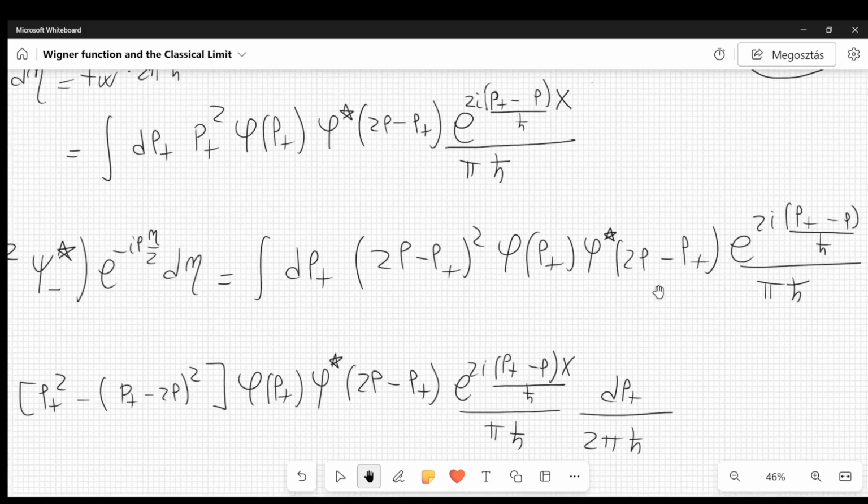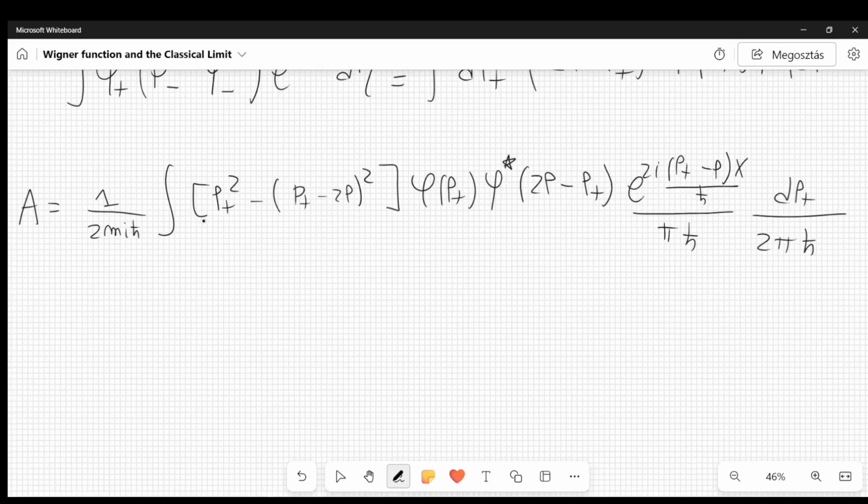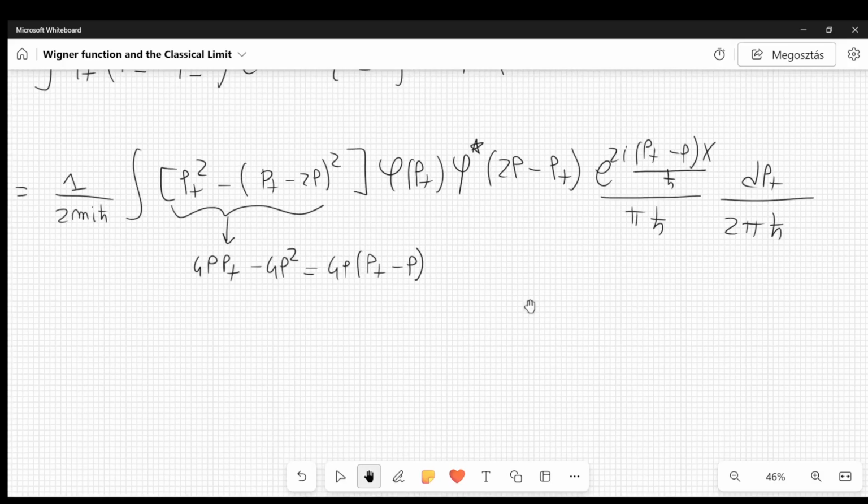At this point, you can observe that, if we rewrite this, we have 4p plus minus 4p squared, because p plus squared will cancel here, and we have 4p times p plus minus p. But now you can notice that this p plus minus p, since it is contained in this exponential as well, we can rewrite the p plus minus p as h bar divided by 2i d over dx, right?